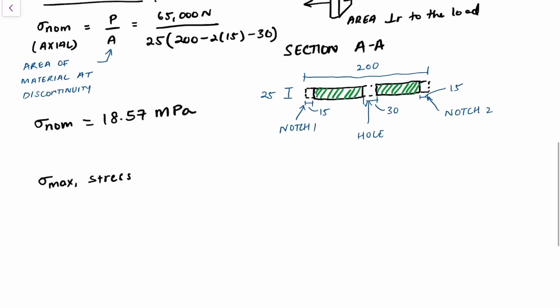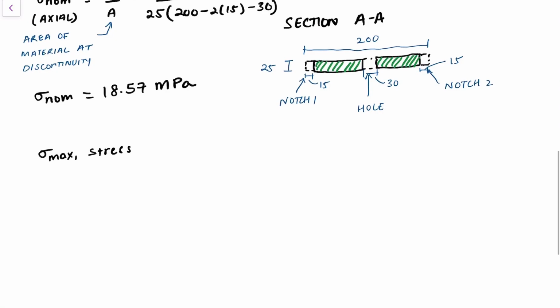And we'll talk about why in this case we can separate them and treat them individually, and in cases where we can't do that, and where we will need additional plots in order to do these calculations. So the maximum stress, sigma max, is equal to KT times sigma nominal.